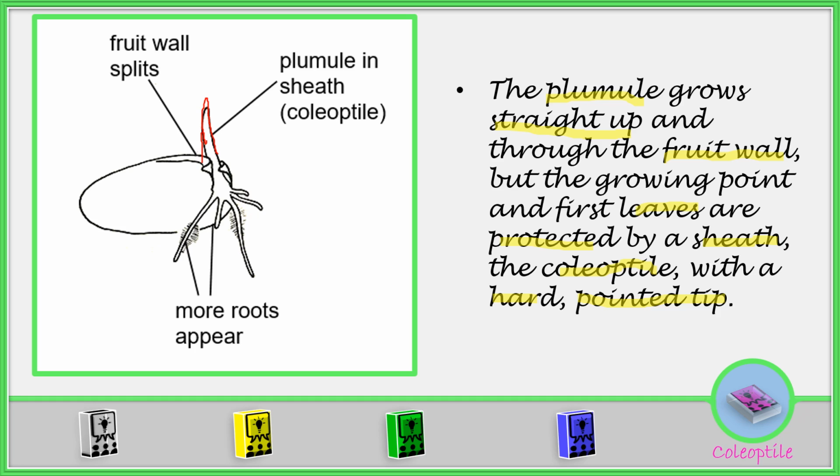That cover is what we call the coleoptile. The coleoptile is covering the plumule inside to prevent it from damage. So it will come out and protect the first leaves because it is very hard and pointed, therefore it can easily pass through the soil.